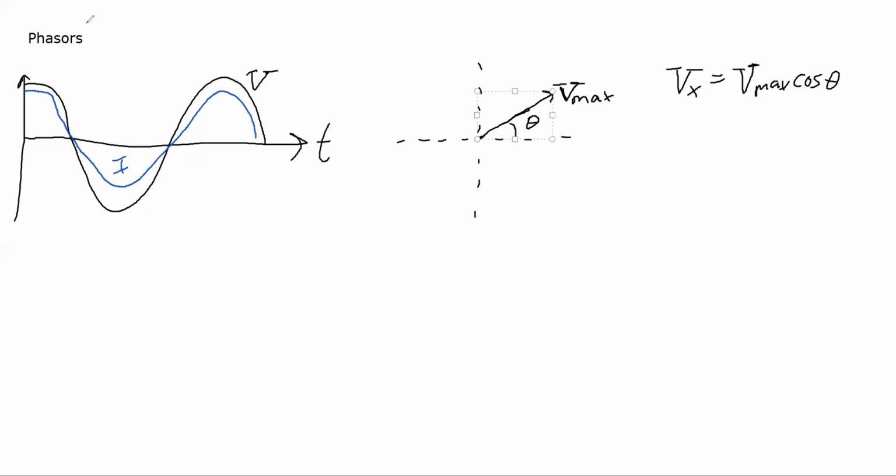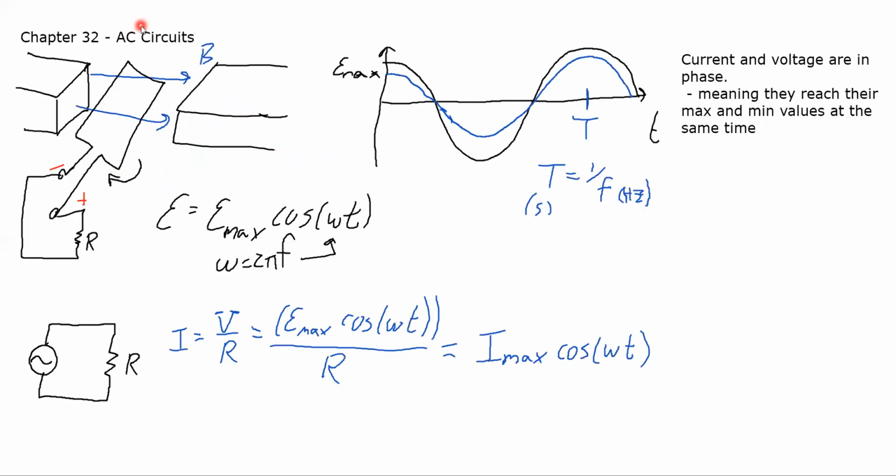Okay, so if it's going in a circle, that means that theta is not staying constant. In fact, we talked about it last class, that if theta is not constant, we could represent theta in terms of its angular frequency, omega t. So my equation for Vx is Vmax cosine omega t. That looks familiar, right? This is the same equation, Vmax cosine omega t, as we saw over here.